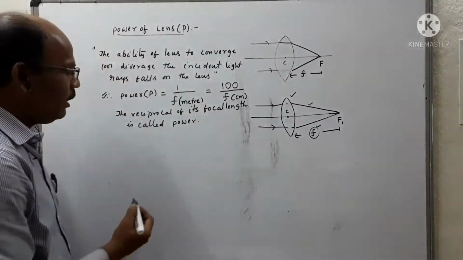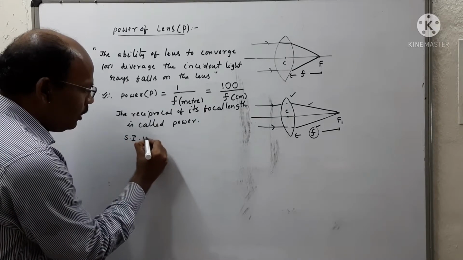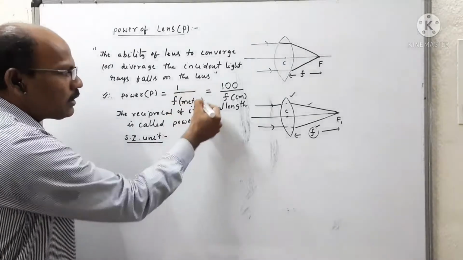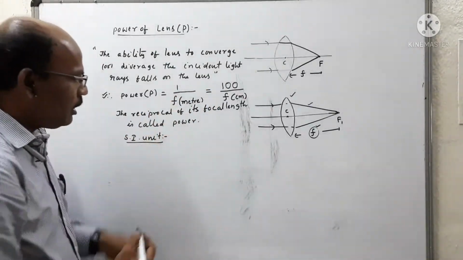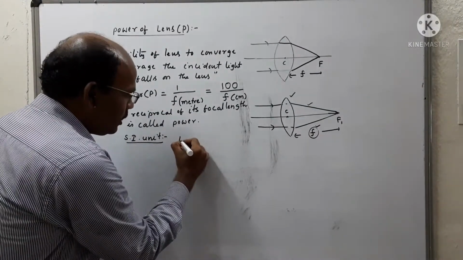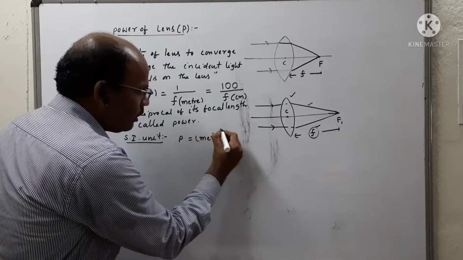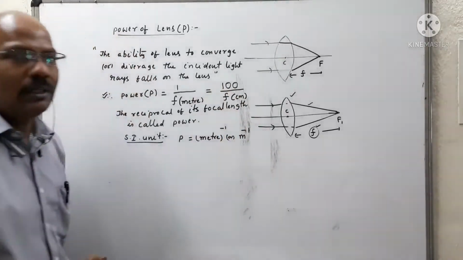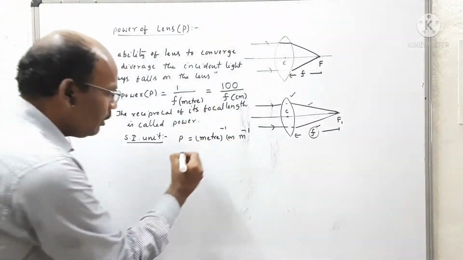Based on this, we can also write its SI unit. So what is the SI unit of power? If you consider the first equation, the focal length is in meters, then 1 by F means the unit of power is meter inverse, or meter minus 1. But 1 by meter, or meter inverse, is called diopter.